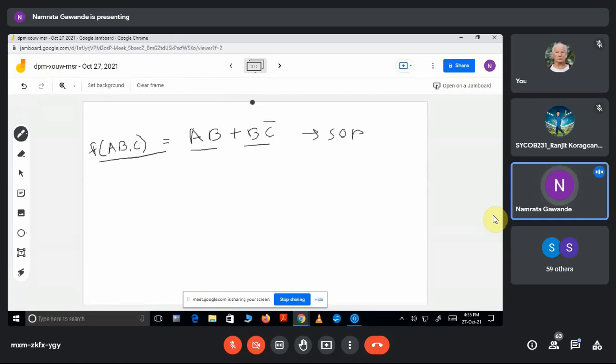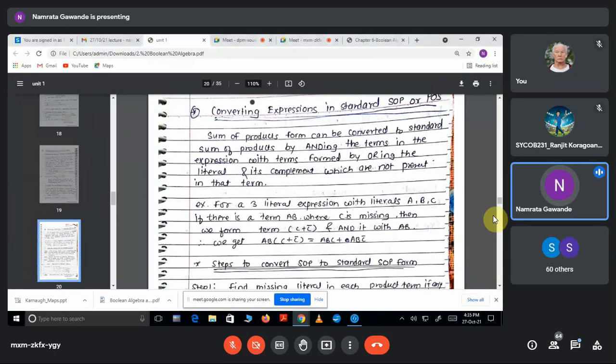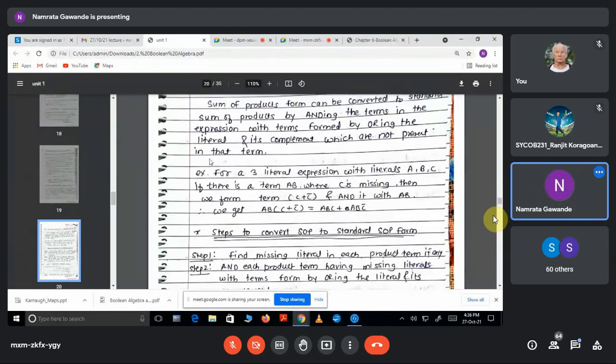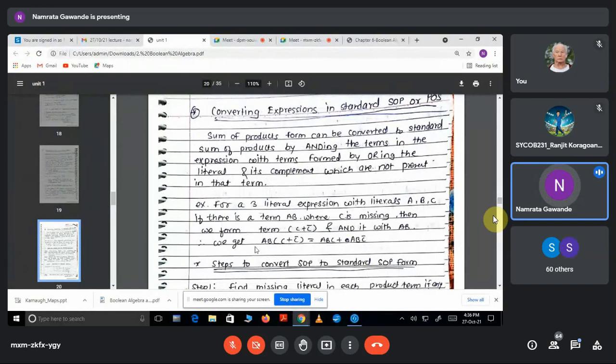So what is the way how you can convert this particular expression into a standard SOP expression? That is the part we'll see now. So, converting an expression into standard SOP or POS. There are a few steps for that.